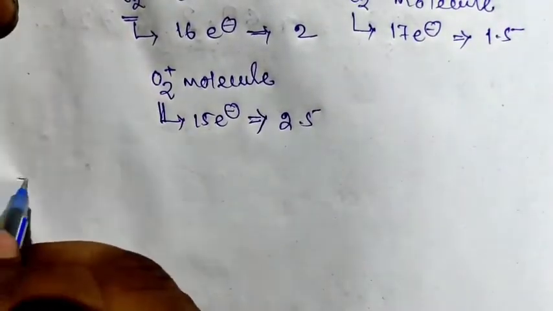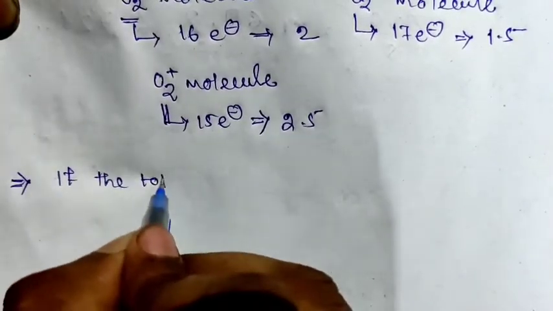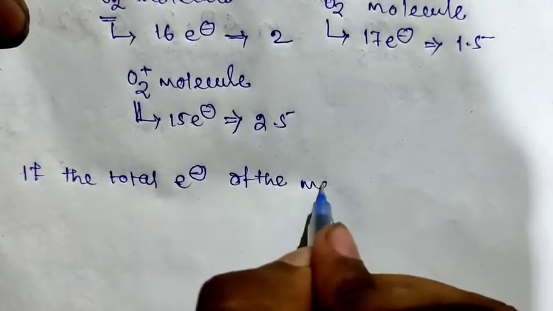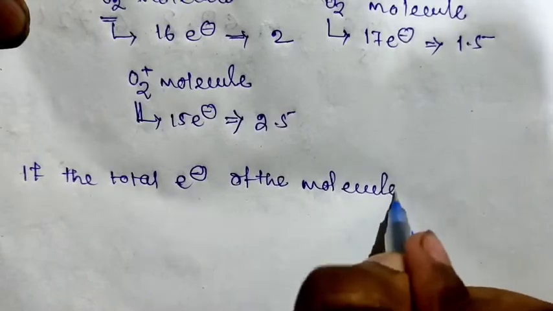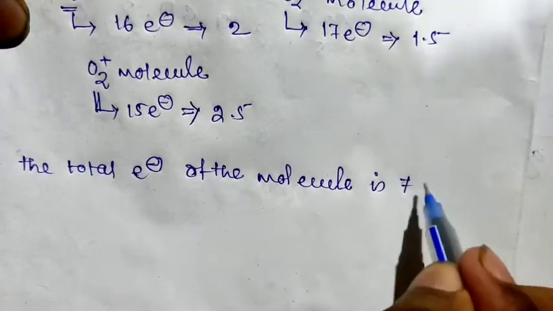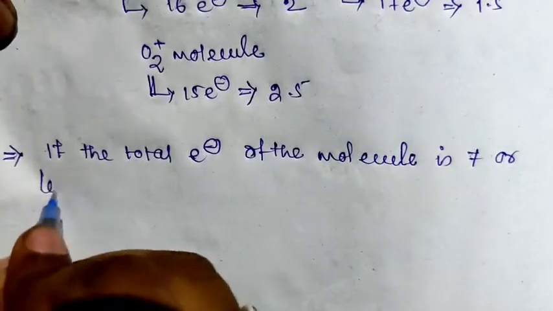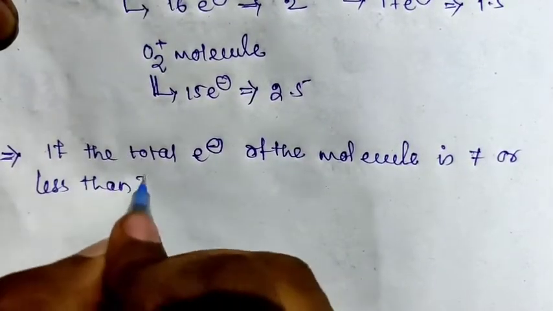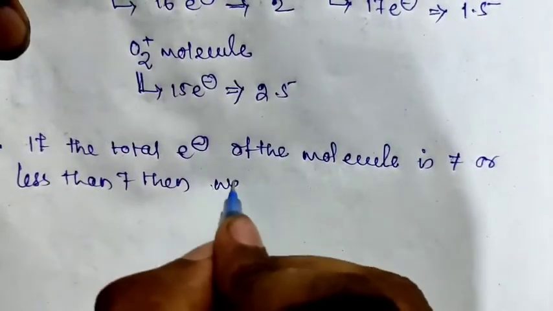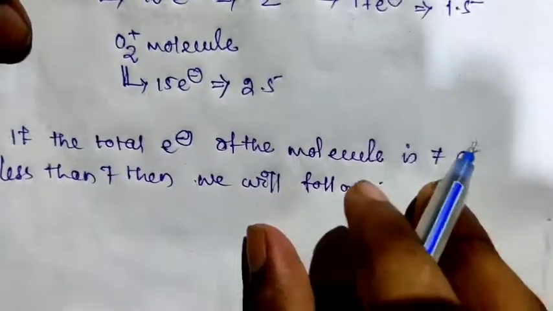After that, if the total electron of the molecule is 7 or less than 7, then we will follow this way.